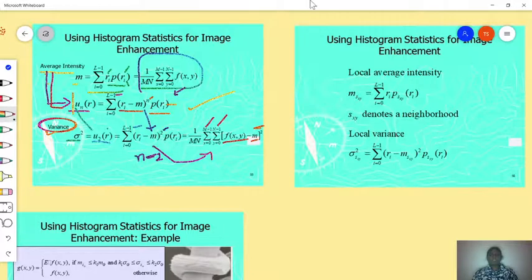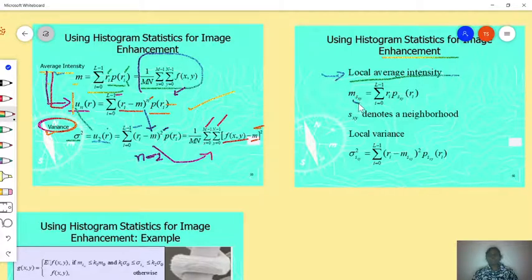Then from this, now we are applying local histogram statistics for image enhancement. The local average intensity: here we calculated the average intensity, now we are calculating a local average intensity value.